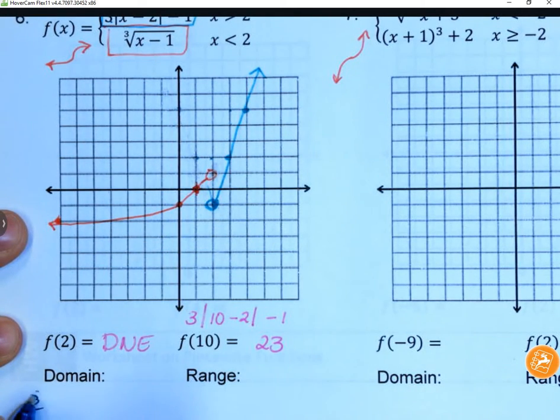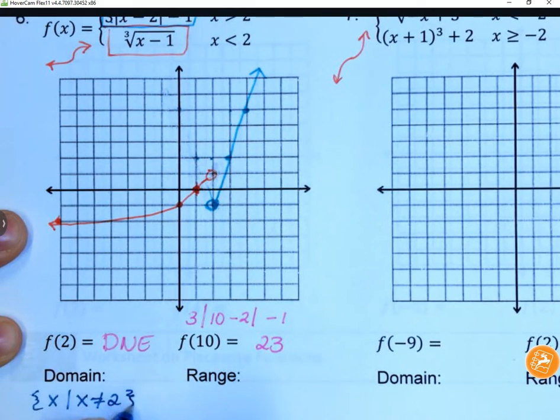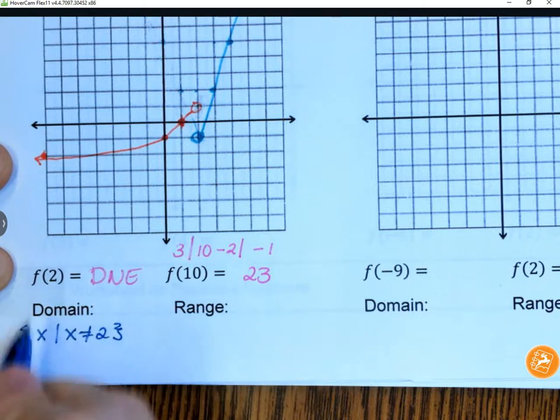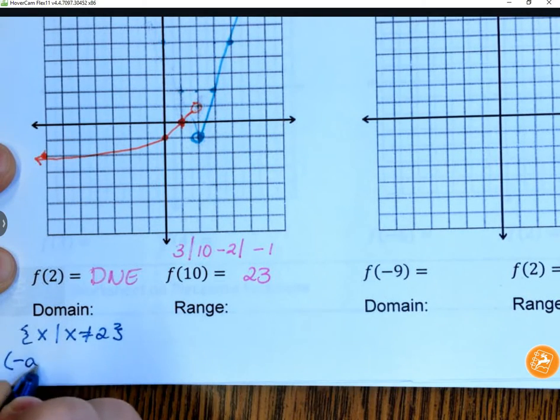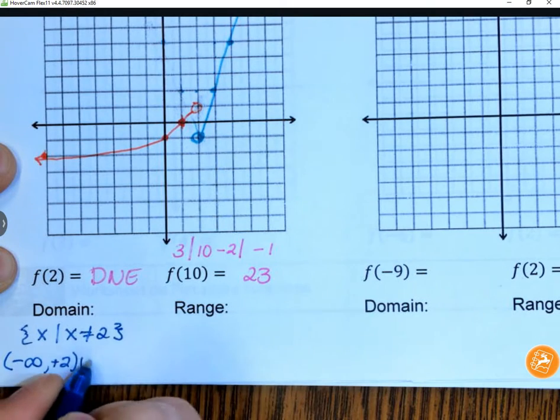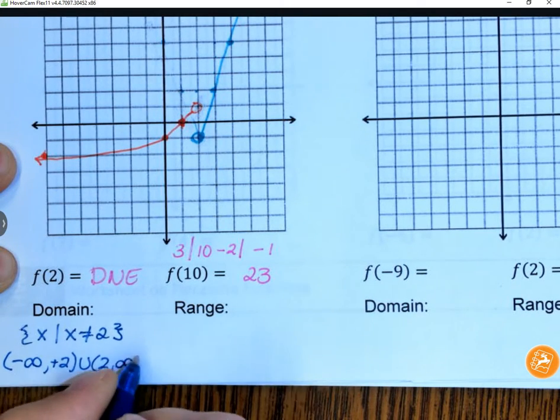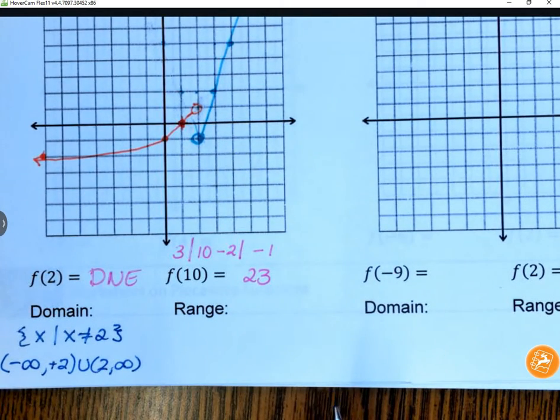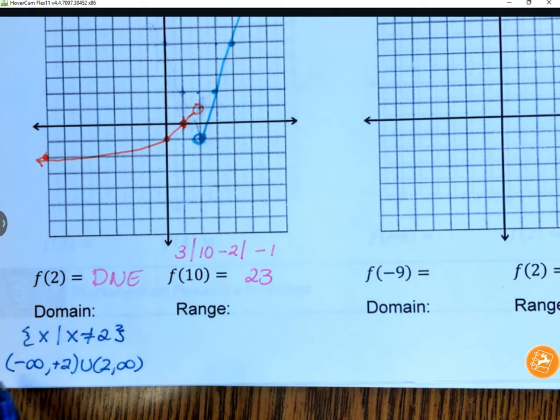So you can either write x such that x isn't 2, or for my interval notation folks in here, I would go from negative infinity to 2, union 2 to infinity. And please, please, please, always go from negative to positive, small to big. If you flip that around, it's wrong.